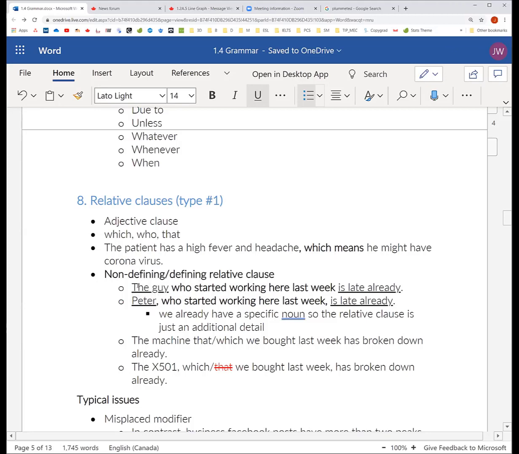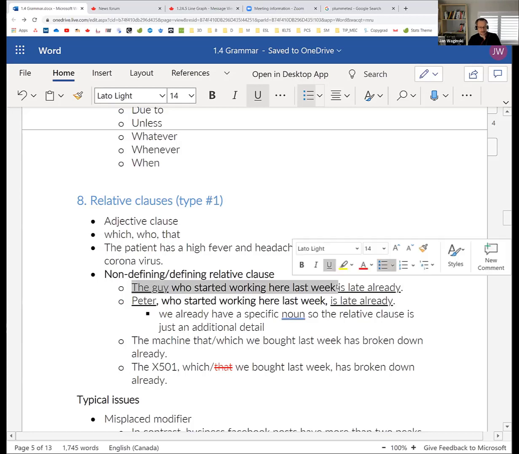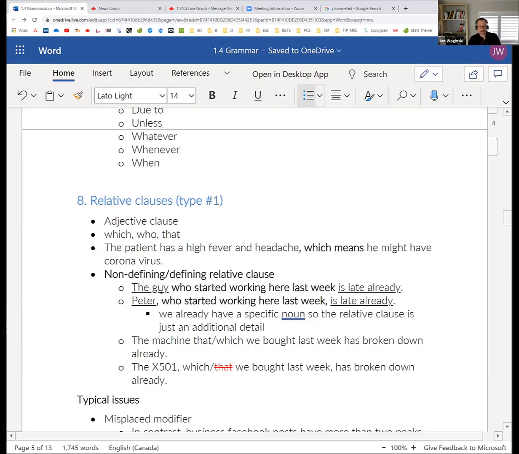So when the noun is non-specific, you need this information so that the reader or listener knows what you're talking about. And you would read this straight through. Like if I say this first one, the guy who started working here last week is late already. There are no pauses. Peter, who started working here last week, is late already. And there are natural pauses where the commas are.